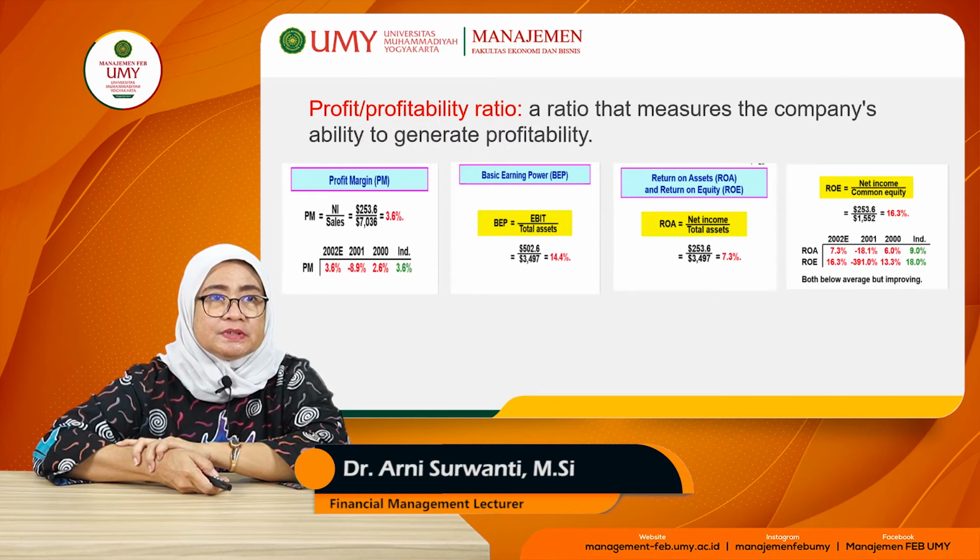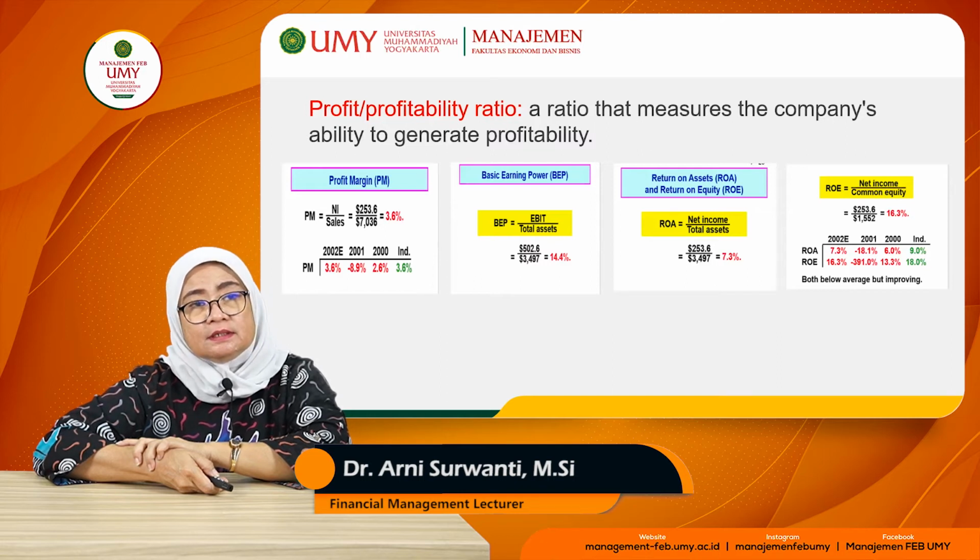Profitability ratio. Profitability ratio is a ratio that measures the company's ability to generate profit. We can measure it with several ratios. We can use profit margin. Profit margin is net income divided by sales. Or we can use basic earning power.